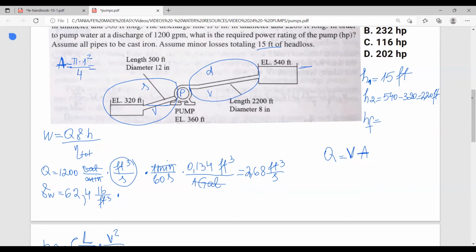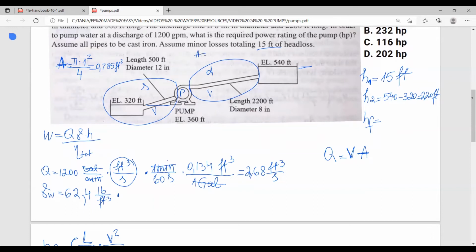Doing pi times 1 squared divided by 4, I get 0.785 feet squared.